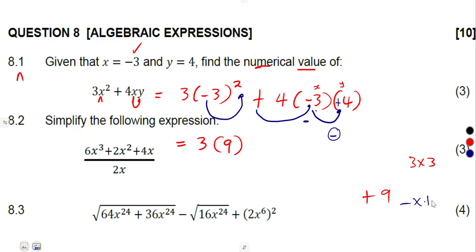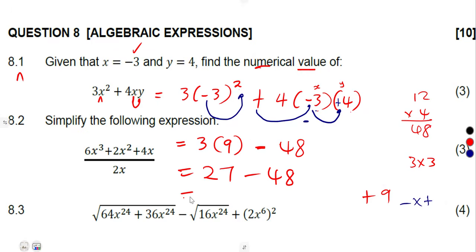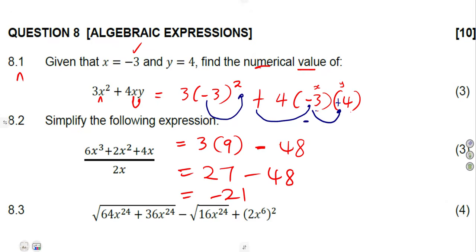So multiply the numbers: 4 times 3 is 12, then 12 times 4 gives us 48. So that's 9 minus 48, of which you can just use your calculator, guys. That's negative 39. All right, that's it. We've got the numerical value of that given expression.